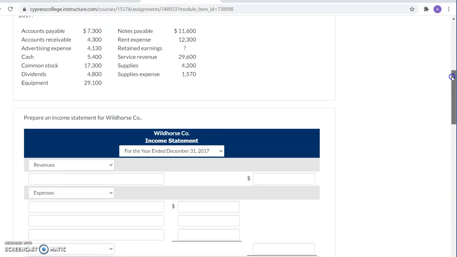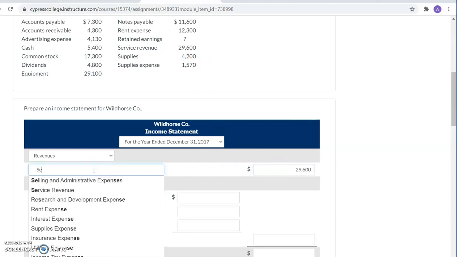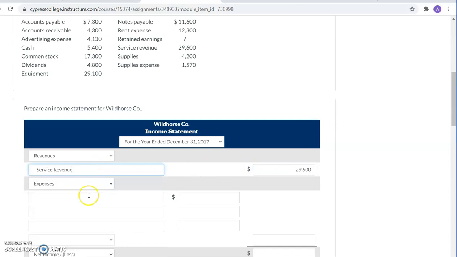So you will go up to the data and see which revenue accounts this company will have. In my example, this company has service revenue, and the amount is $29,600. For expenses, a company should start off with listing their largest expense for the purposes of WileyPlus.